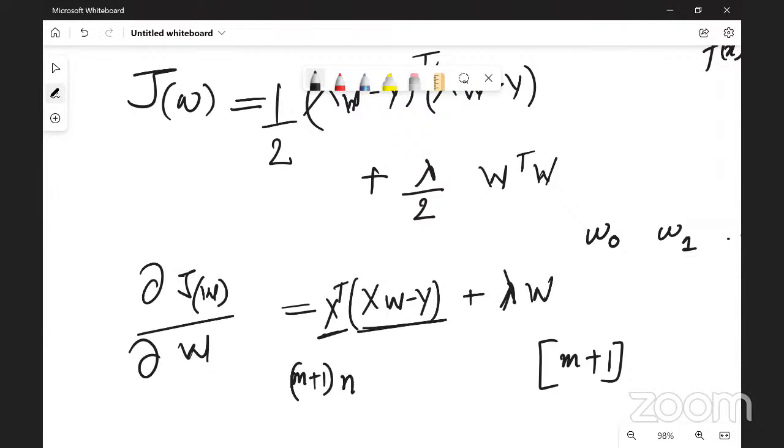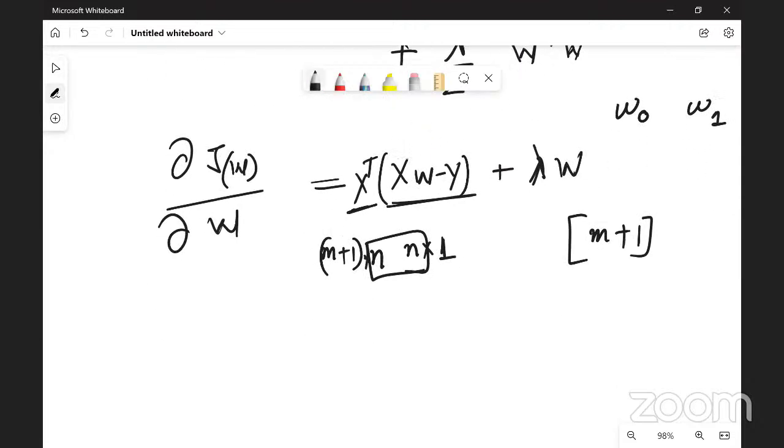This is going to be the prediction error, which is n by 1. If these two matrices are multiplied, this n will be eliminated, and you are going to get an m plus 1 vector, the same size as this one. Is that clear? Yes, sir. Clear, sir. Okay.